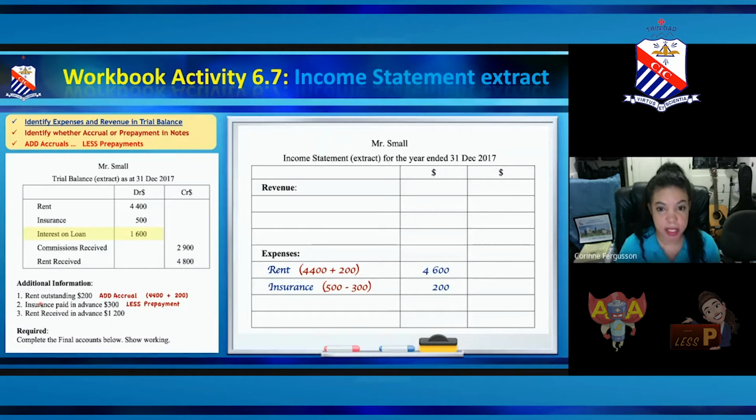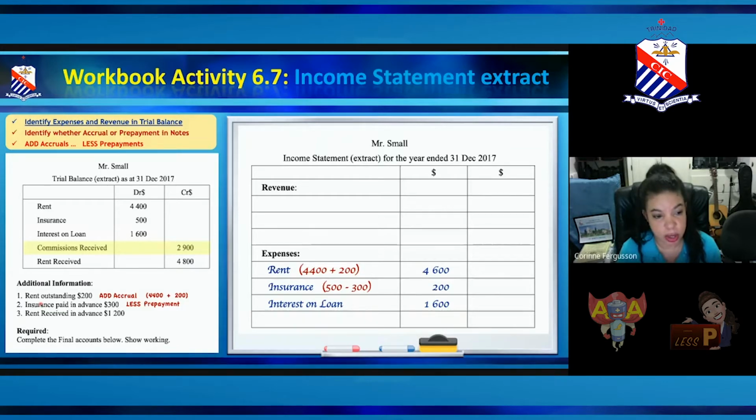So you would simply still go into your income statement under expense and put interest on loan. Since you have no adjustments to make, you just simply put what is in the trial balance, which is 1,600. Easy? Right.